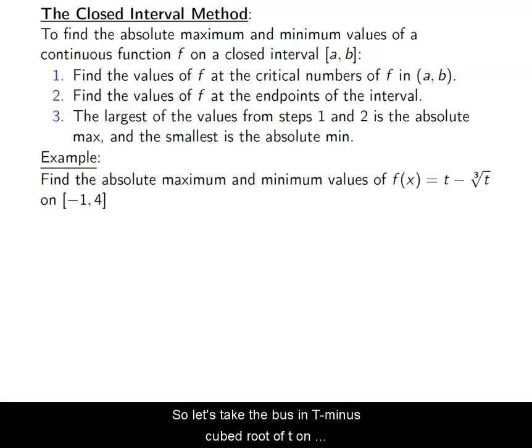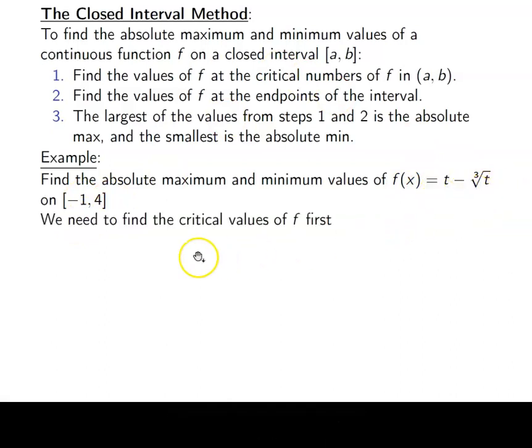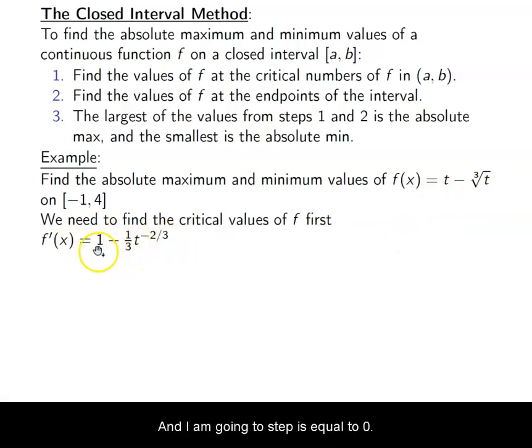So let's take the function f(t) = t minus cubed root of t on the interval -1 to 4. Okay, so I have a closed interval. So I first find all the critical values. So I'm going to take the derivative of my function f, right? So 1 minus 1/3 t to the negative 2/3. And I am going to set this equal to 0. Okay.